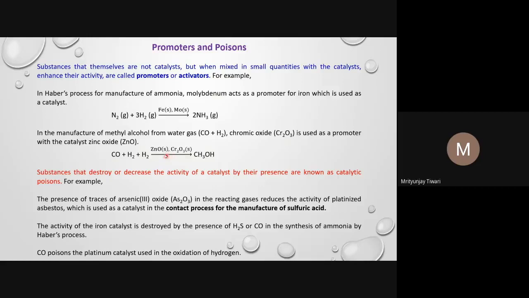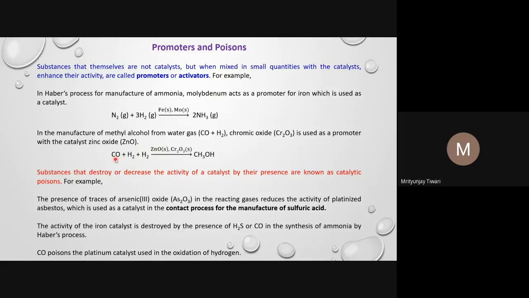But if ZnO is added, ZnO catalyzes this reaction. If with the ZnO you add a little amount of Cr2O3, this reaction becomes further efficient, and so this compound Cr2O3 is a promoter. It acts as a promoter for the zinc oxide catalyst for the conversion of water gas to methanol.